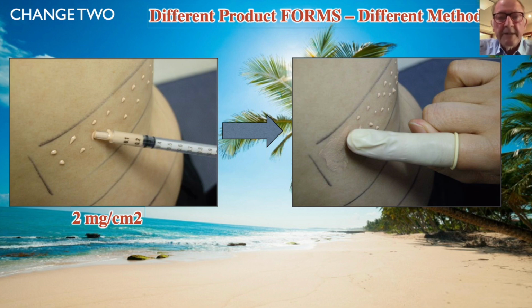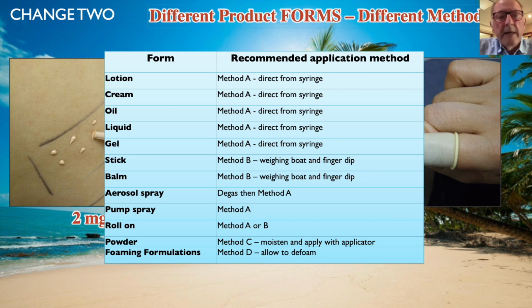So we've now said instead that there are a number of different methods that are used for different kinds of products. One that I'll mention a bit later on in particular is how you deal with aerosols, which of course has been a question. Another area which has had some conflict of ideas about how you deal with it is powder products. So change 2 is to clearly define the methods so that they can be reproduced.